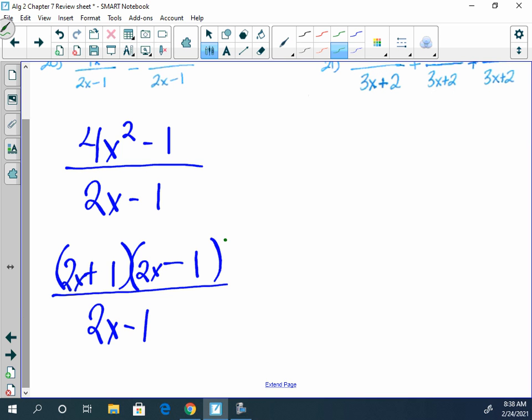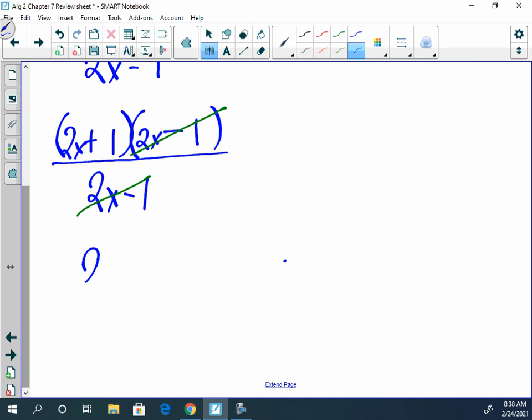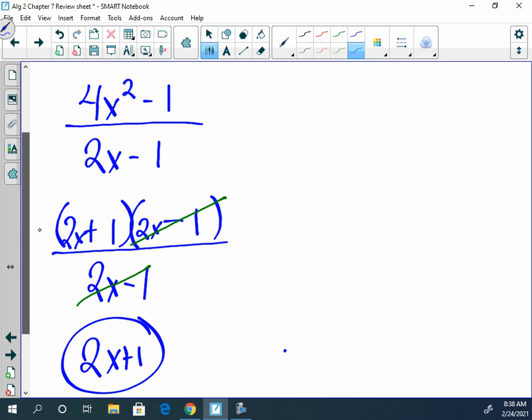Then 2x minus 1 and 2x minus 1 would cancel, leaving us with the answer, and that's all we have to do for this. So we added them together because the denominators were the same. We noticed that it factored, so we factored and simplified. Any questions on this here?